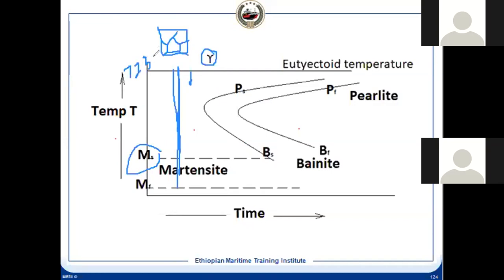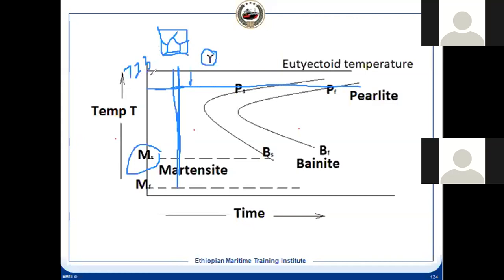Now suppose we go down and keep it at this temperature for some time, because your horizontal axis is time and this is temperature. As I told you, this is called the time temperature transformation diagram, TTT.